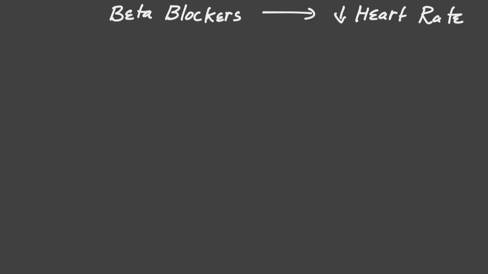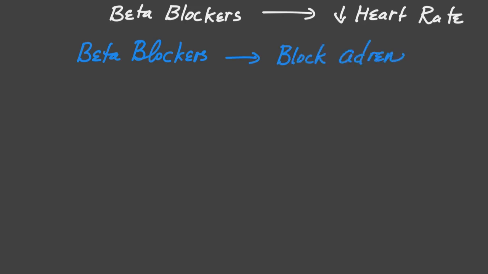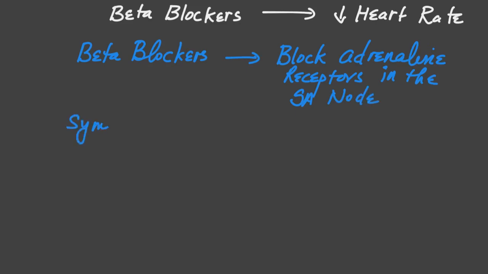So it blocks essentially the action of the sympathetic nervous system on the SA node or our pacemaker. So the beta blocker, here we have it, results in blocking adrenaline receptors on the SA node. Now adrenaline cannot bind to its receptor because it has been blocked by the beta blocker.